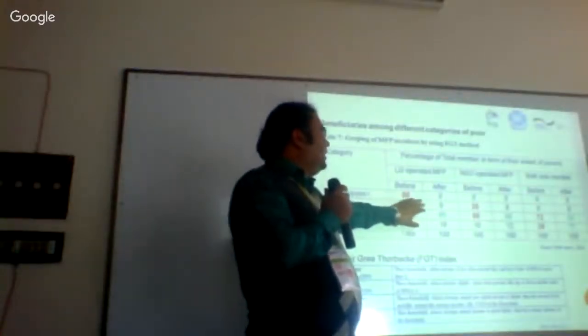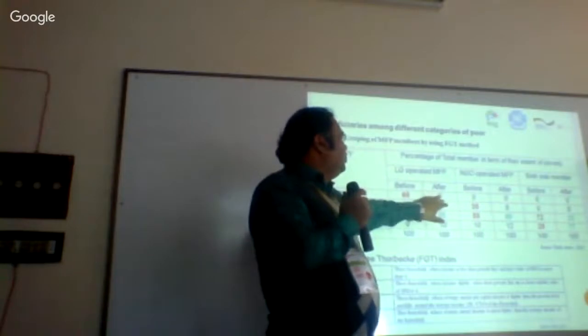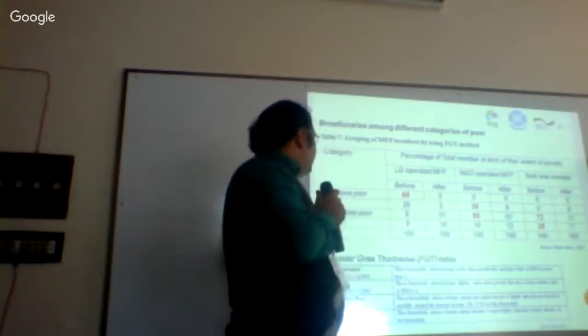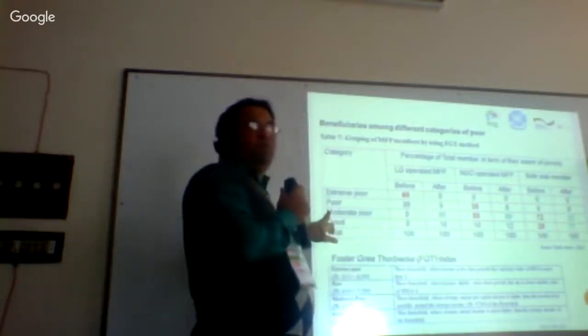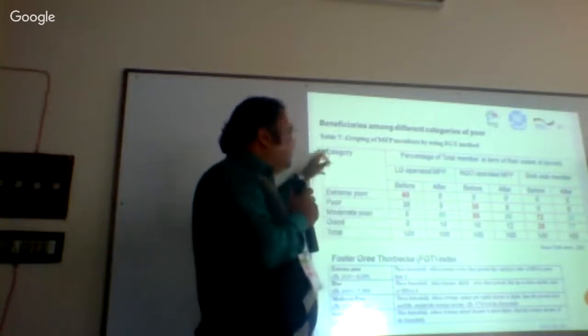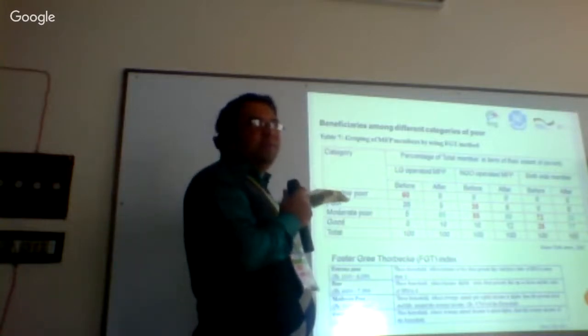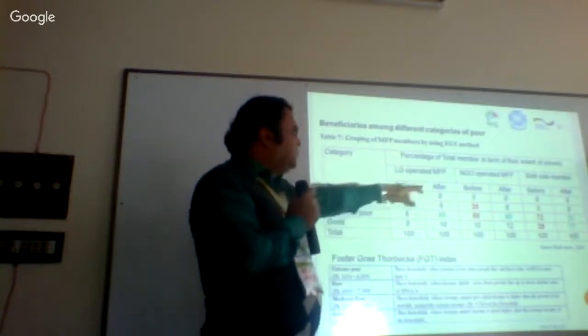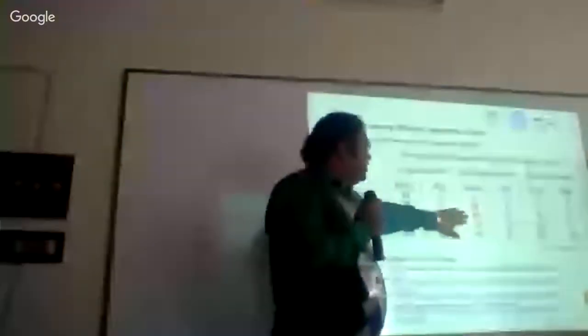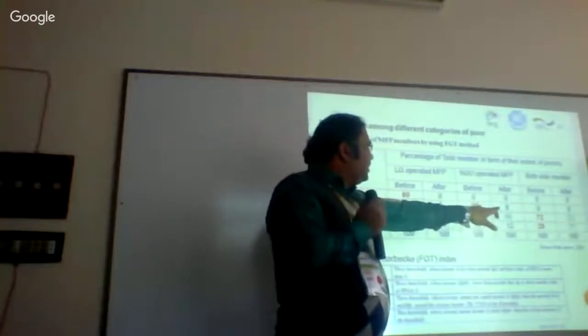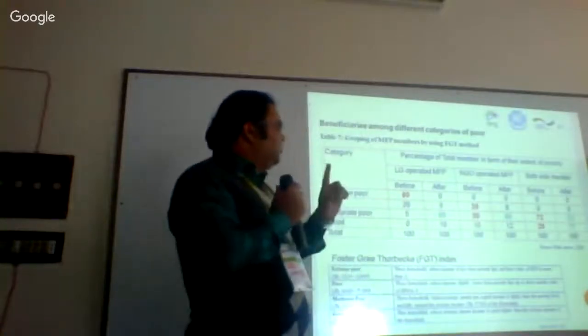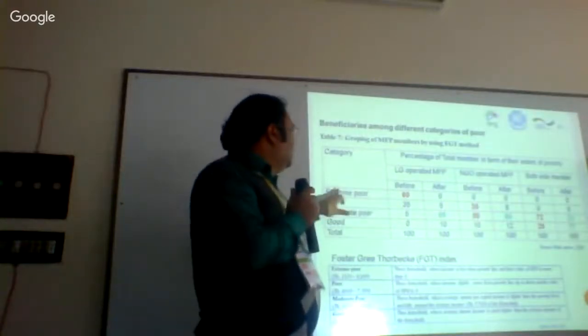But after that, they do not find the extreme poor level, and they go to the moderate poor. At this moment, they are in the moderate poor. That means a microcredit program is changing their lifestyle, their savings, their income, and that is what we found in the NGO operated program.